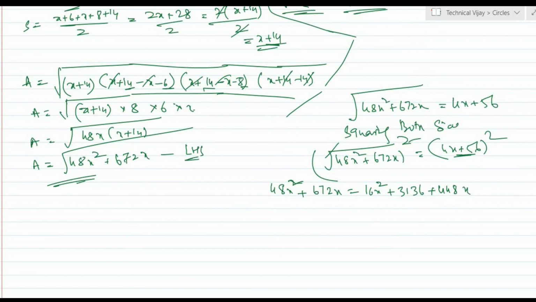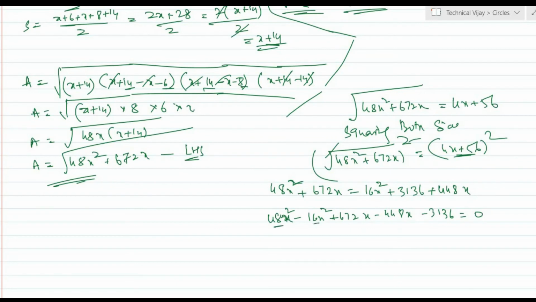Now we bring everything to one side: 48x square minus 16x square plus 672x minus 448x minus 3136 is equal to 0.